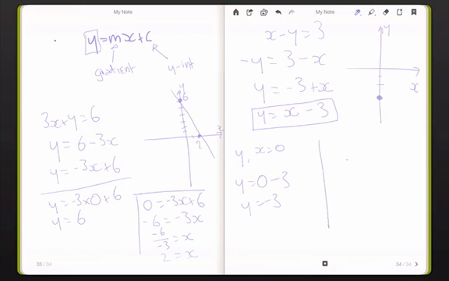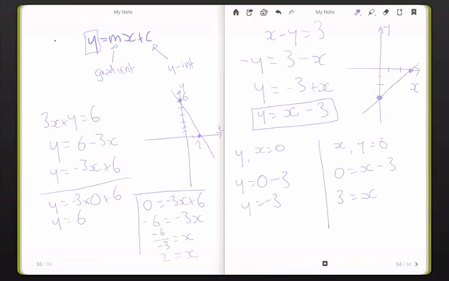Now let's do the other one. To find our x-intercept, we make y equals 0. So 0 equals x take 3. Now we need to move the 3, don't we? Because that's in the way. If it's negative on this side, we make it positive on this side. So 1, 2, 3, dot, join the dots. And there's our graph.